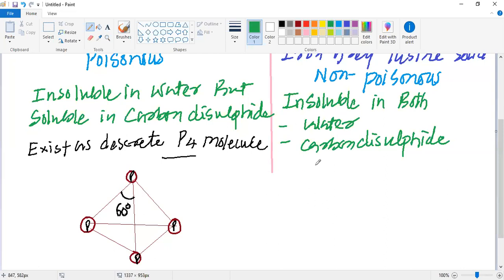But when we look at the red phosphorus, let me explain, my dear students. Let me first draw something for you so that you can understand it well. This red phosphorus exists in this way, as I have been trying to show you in the figure.